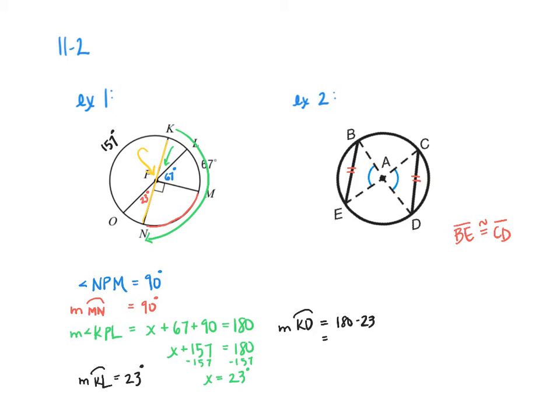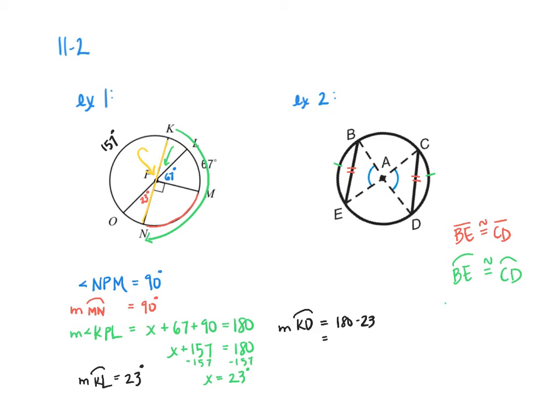So that's one theorem. Another theorem says if you have congruent chords, you must have congruent arcs. So if you happen to know that those chords are congruent, then you also know that, let's say, arc BE is congruent to arc CD.